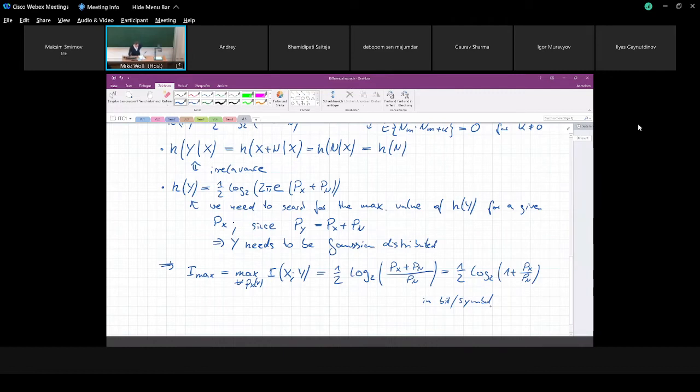Of course, we know that if y is Gaussian distributed, and if the noise is Gaussian distributed, then x also needs to be Gaussian distributed, because only the convolution of 2 Gaussian distributions gives a Gaussian distribution.